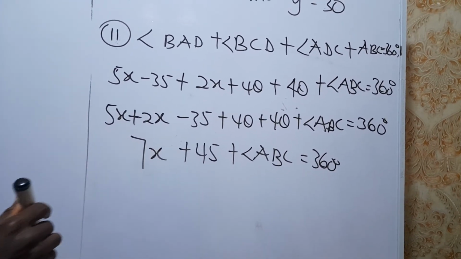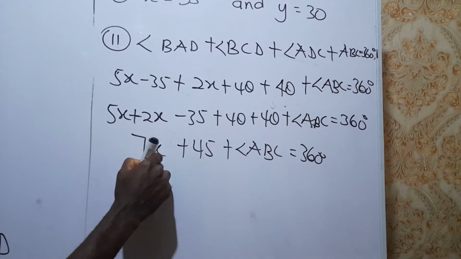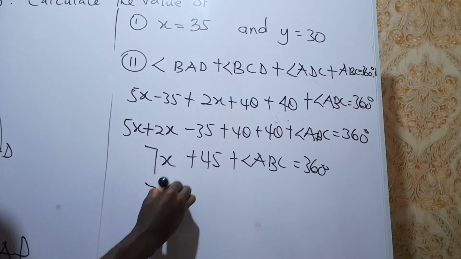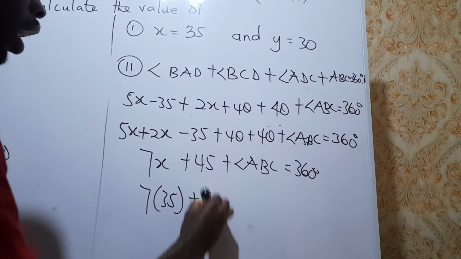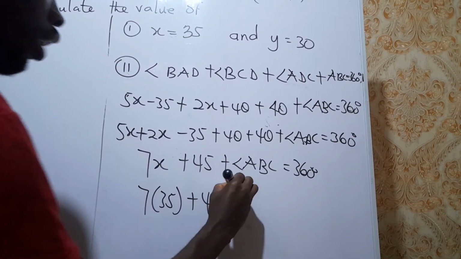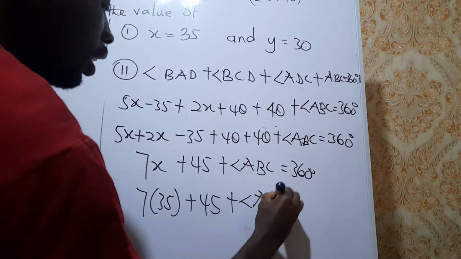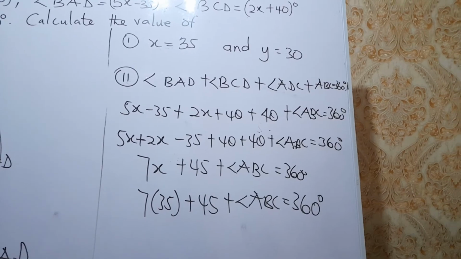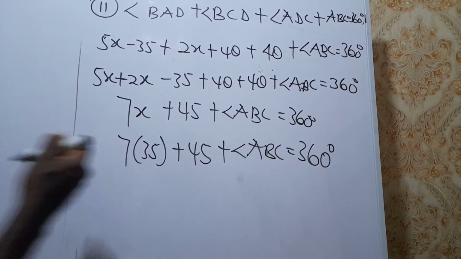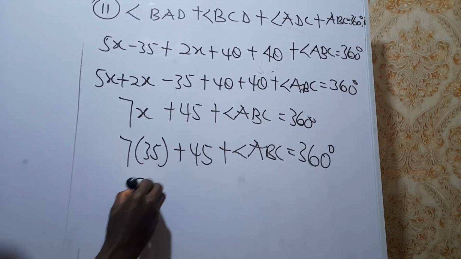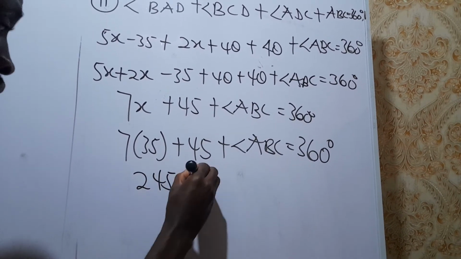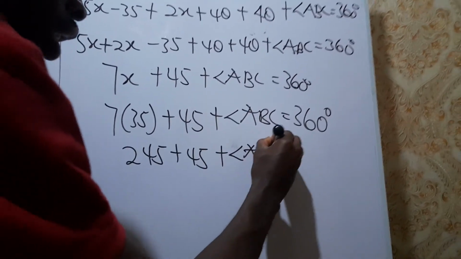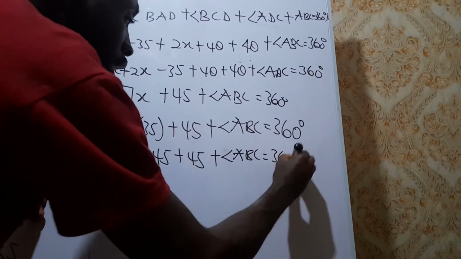So we know the value of x to be 35. So we can substitute now. So 7 times 35 plus 45 plus angle ABC is equal to 360 degrees. So I'll multiply 7 by 35, we'll get 245 plus 45 plus angle ABC will be equal to 360 degrees.